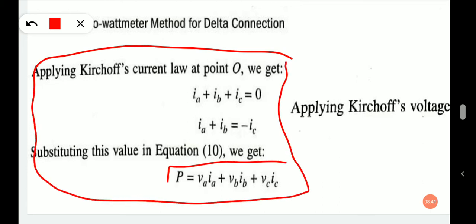The final equation is VA IA plus VB IB plus VC IC. So this total reading is equal to the instantaneous power of the load, which we have already seen. Hence these two wattmeters measure the power consumed by the load.